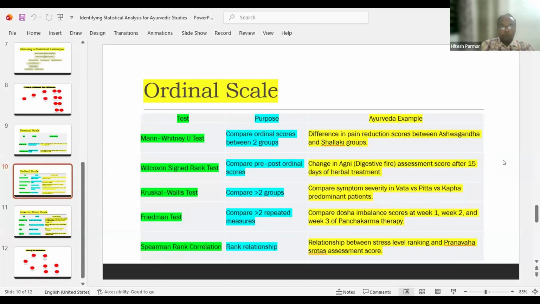Do you want some demonstration, or do you want me to continue and finish the more than two group comparisons and other types of statistical analysis? Because we have roughly 8 to 10 minutes left for the session, and then question and answer definitely. So depending upon your choice, we can plan.